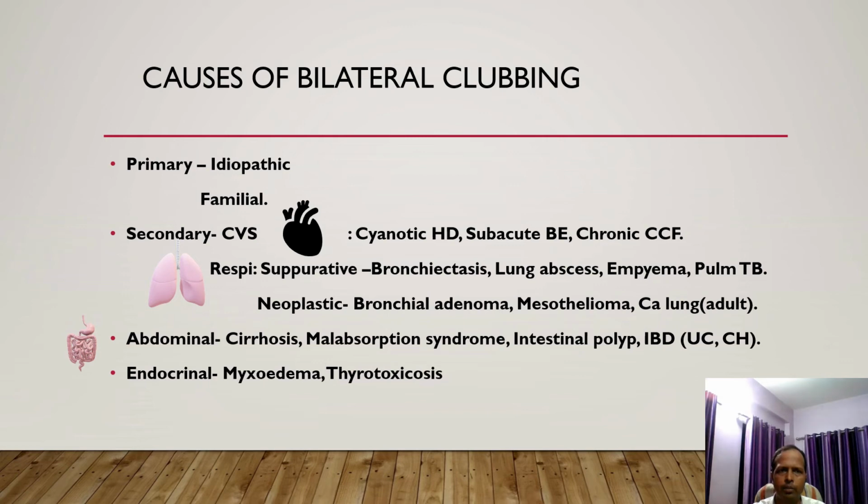Then coming to the abdominal causes, it may be due to cirrhosis of liver, malabsorption syndrome, intestinal polyp, and inflammatory bowel diseases like ulcerative colitis and Crohn's disease. Then coming to endocrinal causes, it may be due to myxedema or thyrotoxicosis.